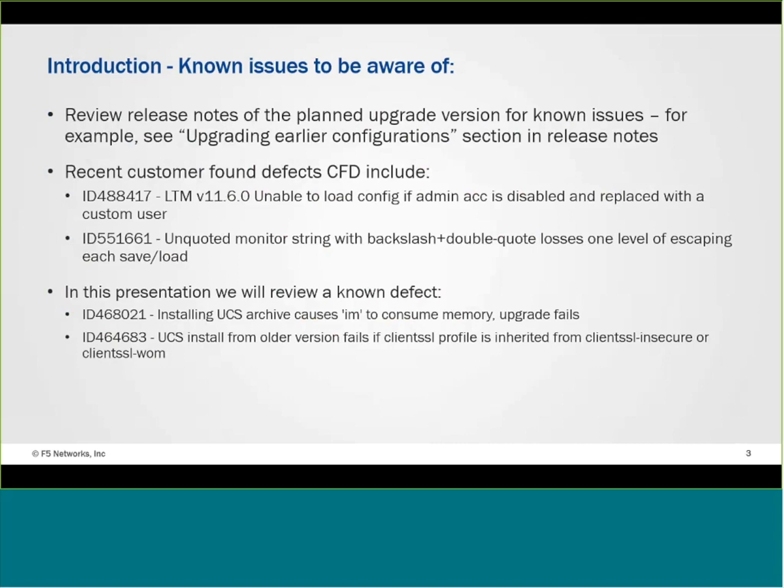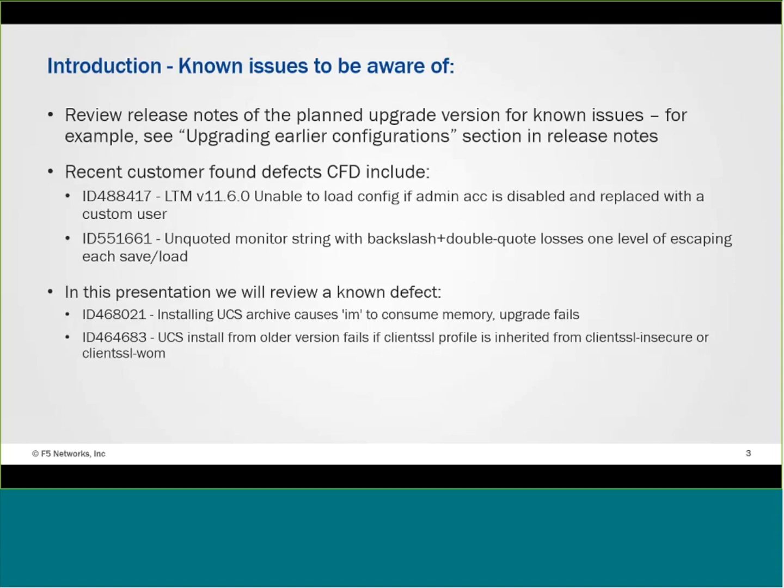In preparing this presentation, I came across a few known issues prevalent in 11.x software upgrades, 11.4 to 11.6, 11.5 to 11.6, and so on. A few of them are documented here. We've got ID 488417 and 551661.